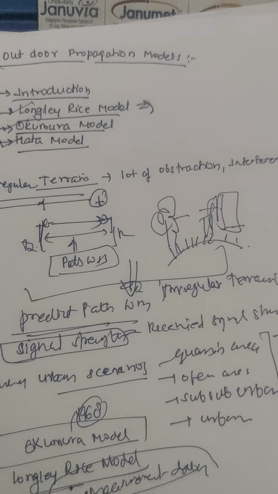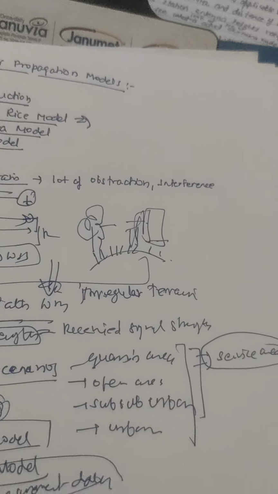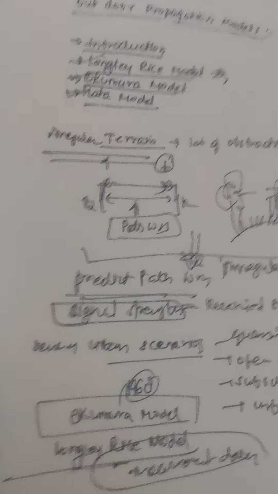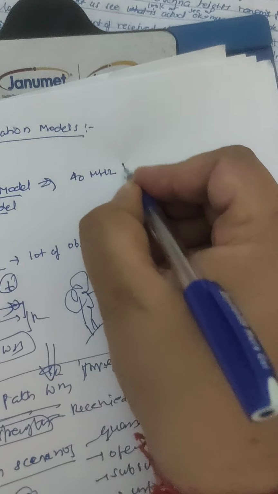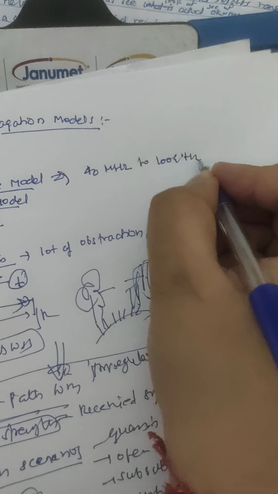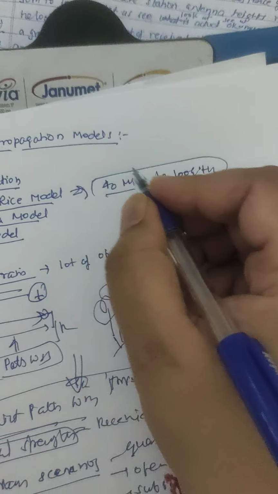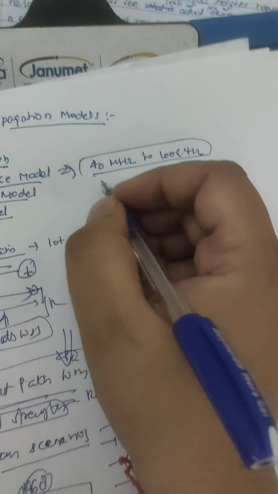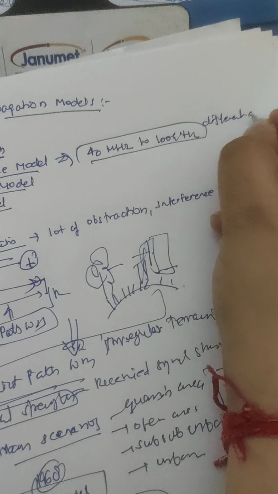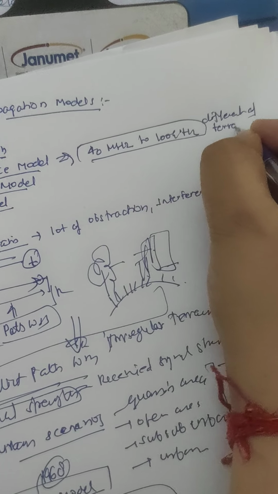where the transmitter and receiver communicate in the frequency range of 40 megahertz to 100 gigahertz, over different kinds of terrain.